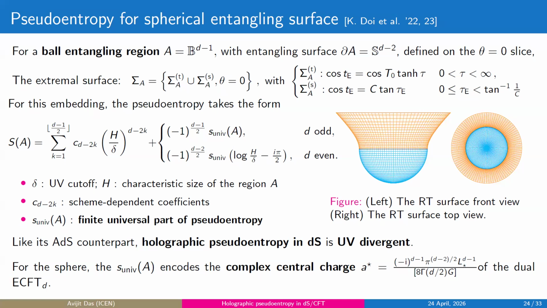We have found that in the case of a spherical region, this universal part gives the complex central charge of the CFT, given by this formula. It's like the Brown-Henneaux central charge, but for dS instead of AdS, because in AdS there is no factor of i to the power d minus 1. You have only this part. So what you see is basically a kind of Wick rotation of the AdS central charge for the dS case.